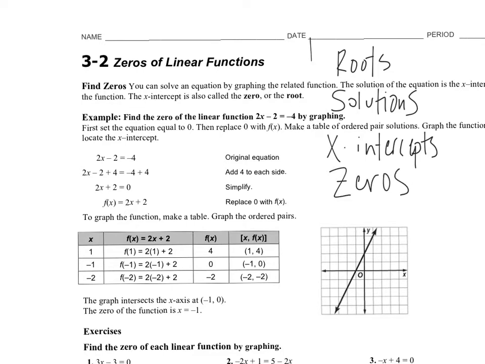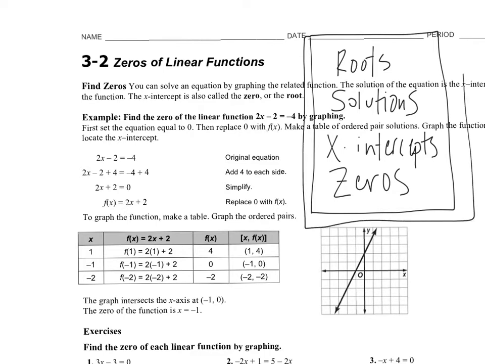All right, all of these mean the same thing, okay? So they are all synonyms for each other. So zeros is probably the most popular, but if you see roots or solutions or x-intercepts, know that it means the exact same thing. Okay, so you can read through this problem up here.